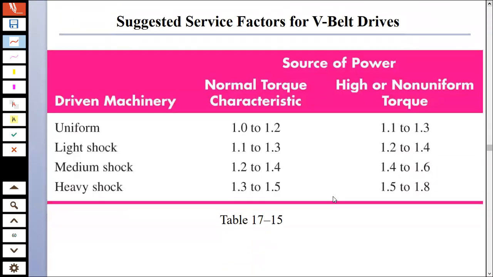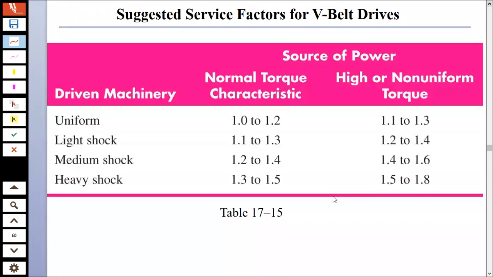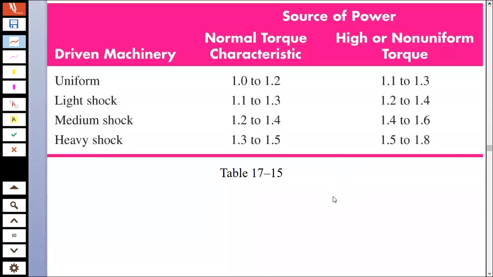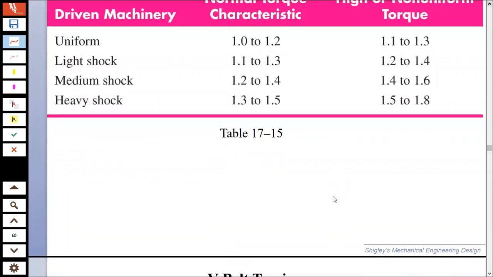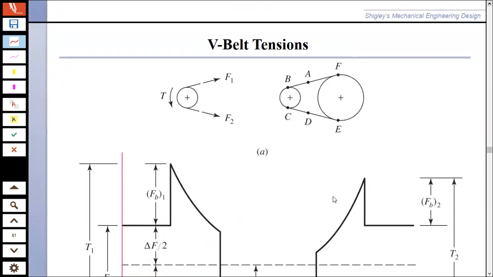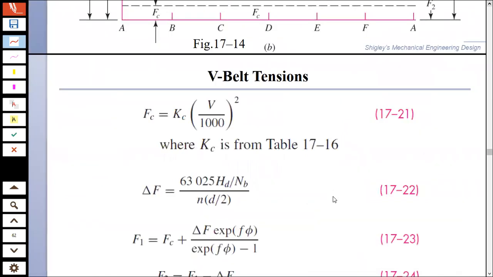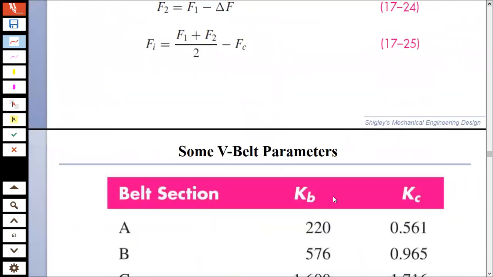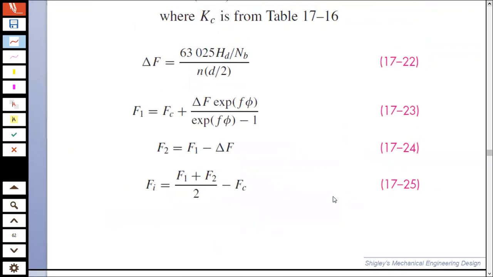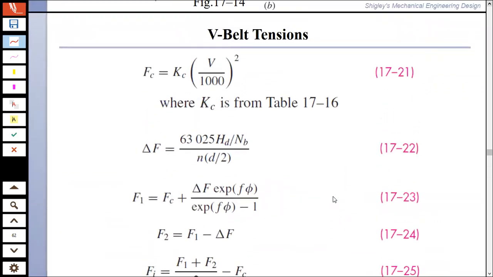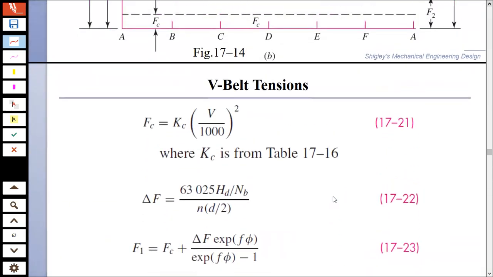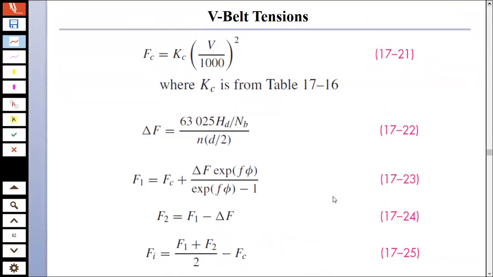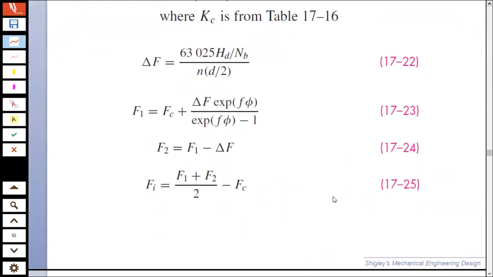These are the suggested service factors for V-belt drives, as you know, light shocks, uniform, medium shocks, heavy shocks, and so on. As far as the design is concerned, again, you will have the tension for the V belts, F1, F2.